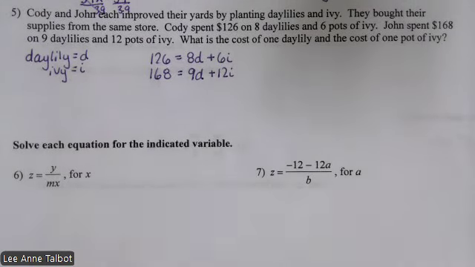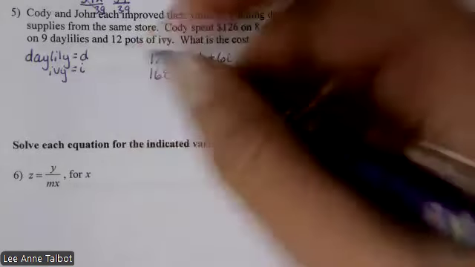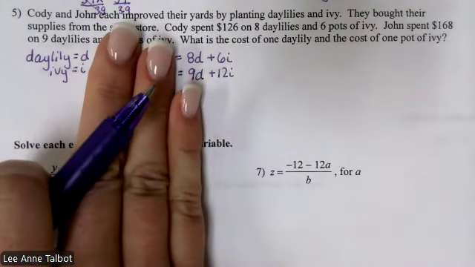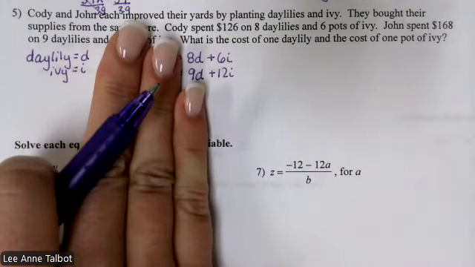Okay, what do you guys think the strategy should be here? I think that would be really hard because I'd have to solve both of them for D or both of them for I first. Yeah, I want to do elimination because the D's and I's are lined up. And it looks a little weird because the numbers are on this side this time. You just have to imagine.